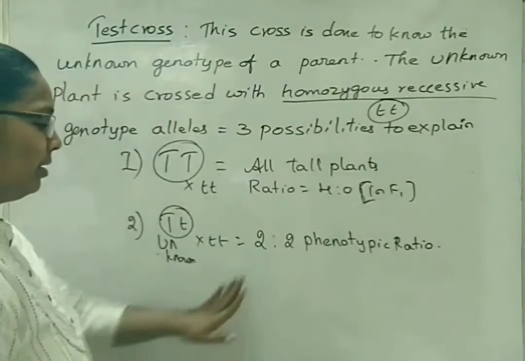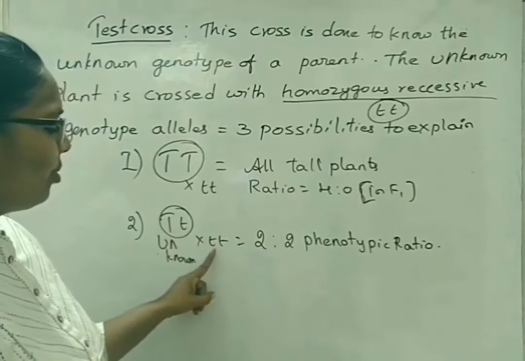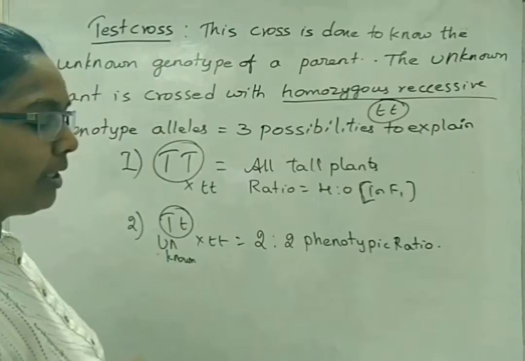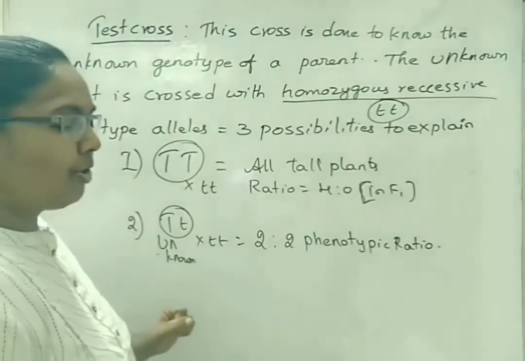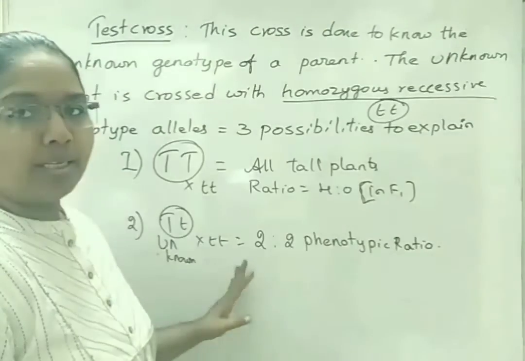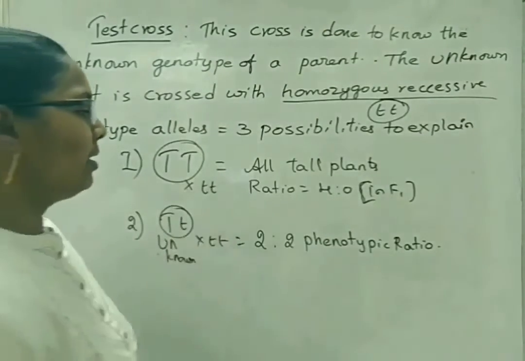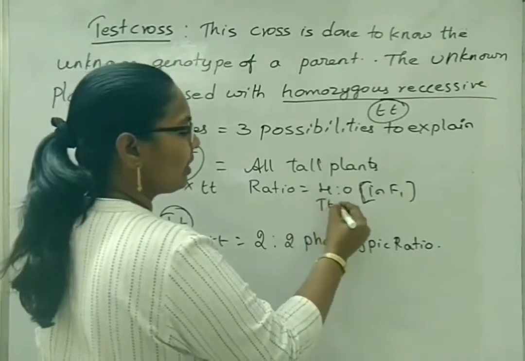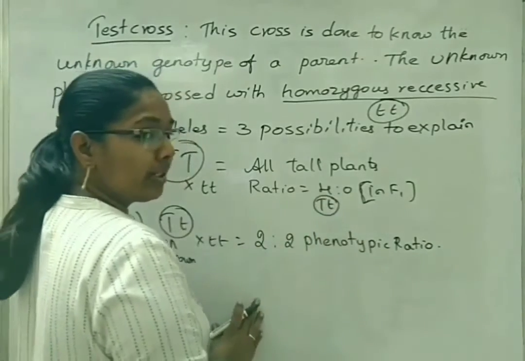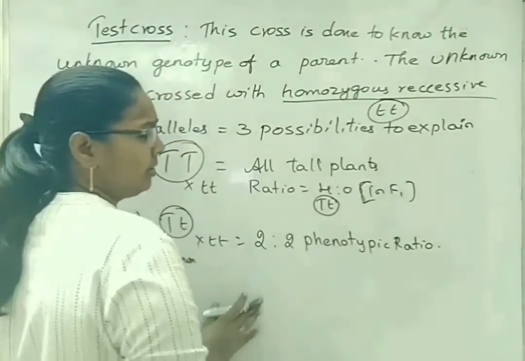By this heterozygous type of alleles crossing with homozygous recessive, we should give one conclusion that the ratio of both genotypes and phenotypes are equal, that is 2:2. And also one more cross. Here we have got all F1 offspring as for this one heterozygous tall with heterozygous different types of genotypes.